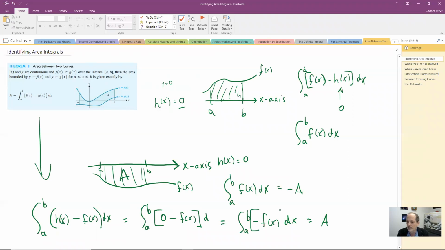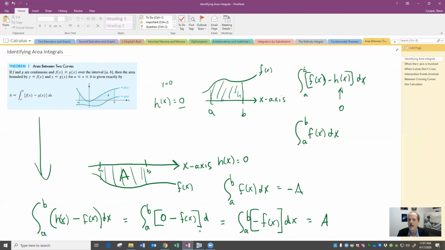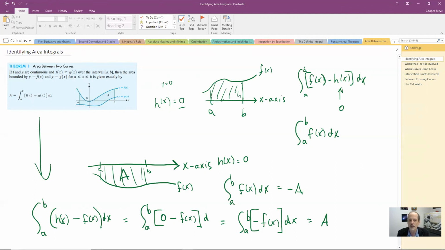Now let me bracket that just to make it a little clearer. Okay, so if we start with the function above, it's got to be above for the entire interval we're interested in. So obviously f of x is above g of x, beginning at a and ending at b with no intersections in between. So I can calculate the shaded area by taking the integral from a to b of whatever the top function's rule is minus whatever the bottom function's rule is, dx.